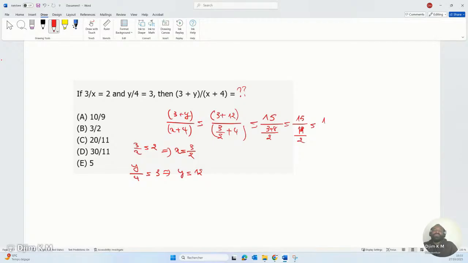So it will give us 15. Sorry, it's kind of a mess here. This will be 11, okay? And this will be equal to 15 times 2 over 11, which is 30 over 11.